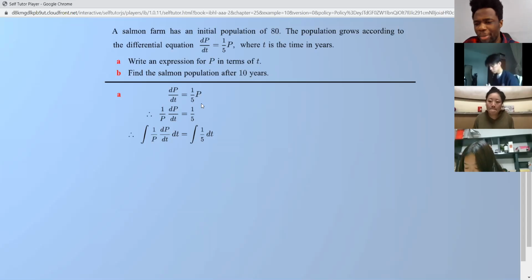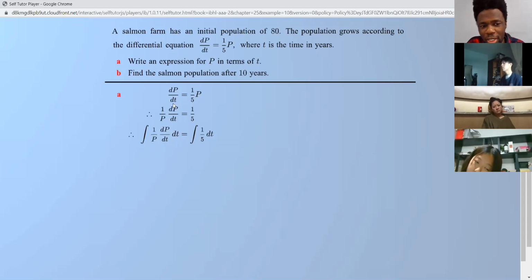So we call y the dependent variable and x the independent variable. So if your derivative is equal to a function of the independent variable, like x, then that is direct integration. Are you with me? But if it's like having dy/dx equal to a function of y, then that is a separable variable question.